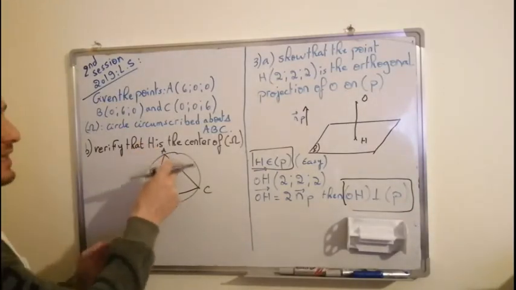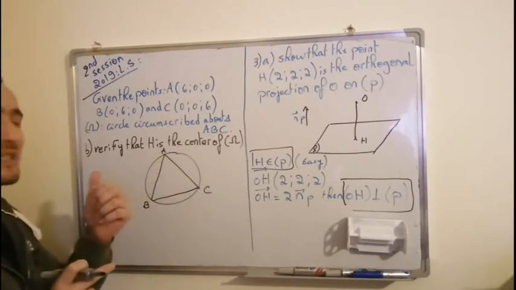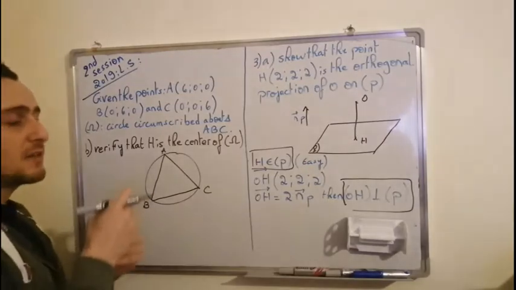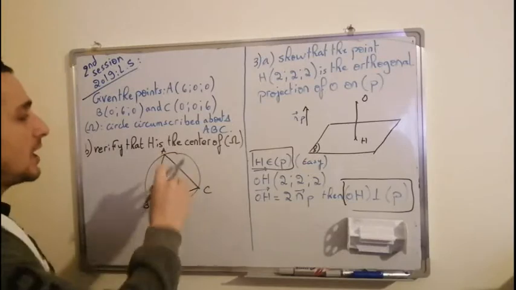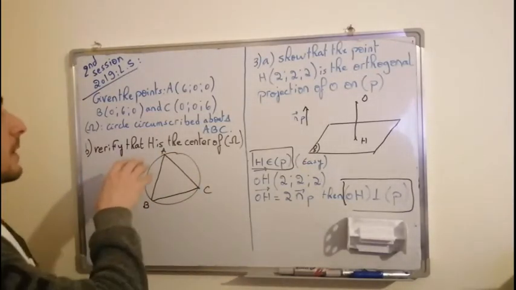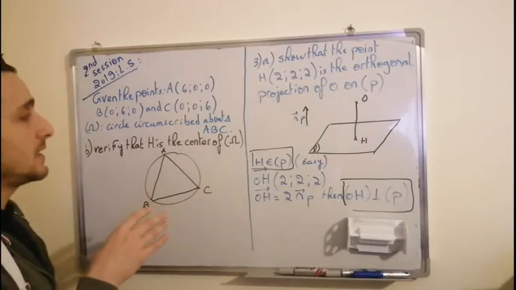Each one is called a vertex. A is the first vertex of triangle ABC. B is the second vertex, and C is the third vertex. In plural, we call them vertices. So, what's the meaning of circle circumscribed about triangle ABC?